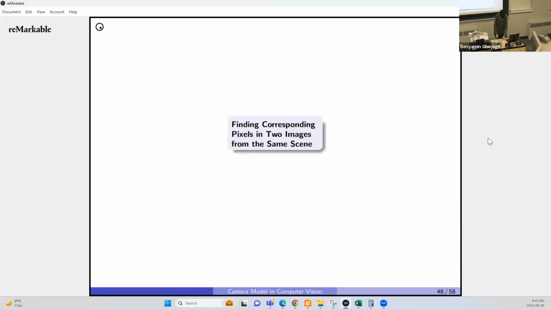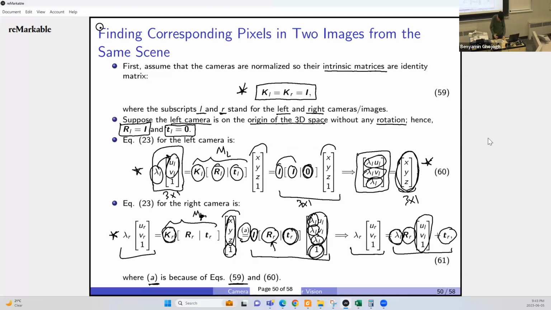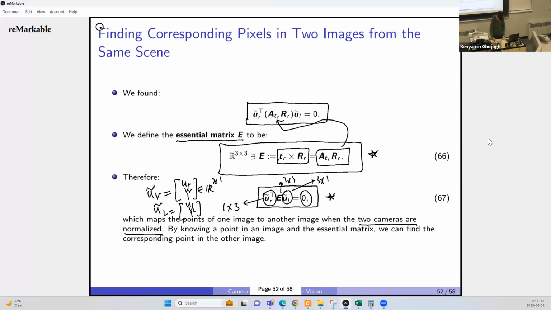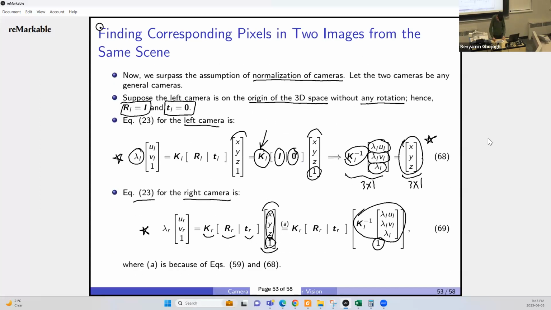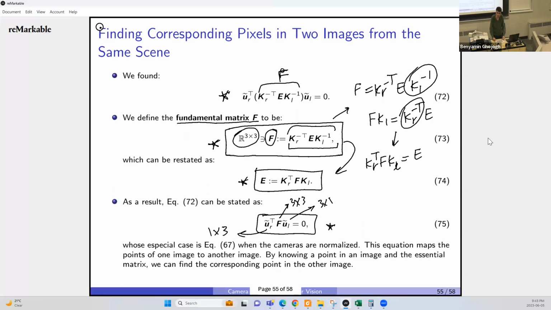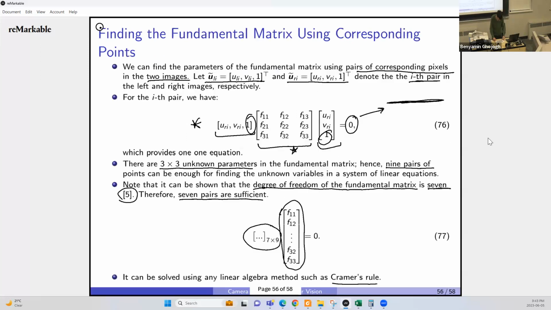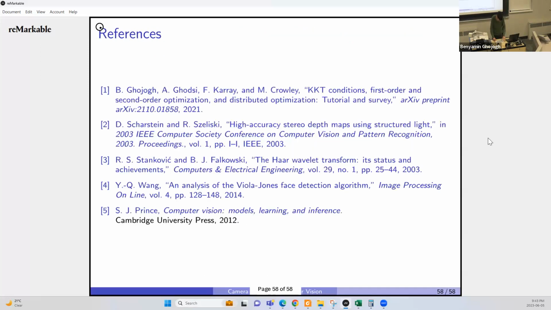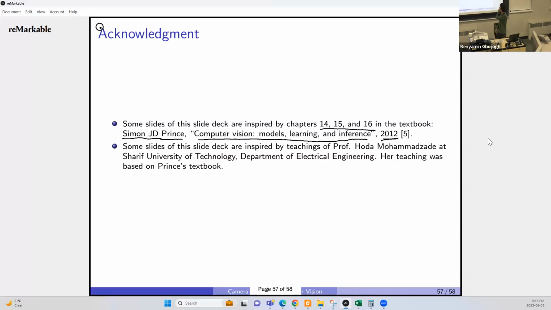Just let me finish the acknowledgement and references, because I usually go over references too. I think the most important thing in the slides are the references. So acknowledgement, this is the book. The book is very important. Take a look at that.